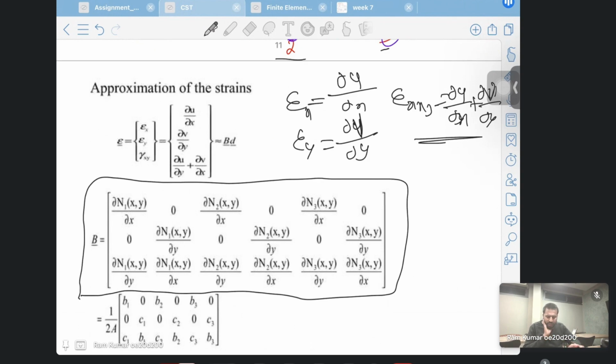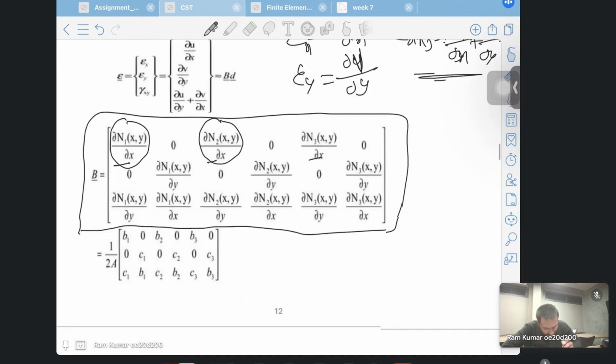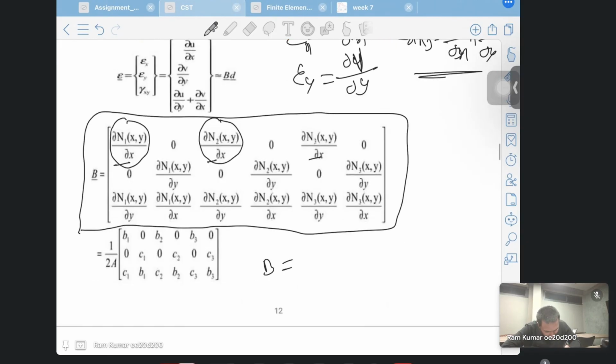If you are able to recall, that is very good. Simply see, derivative with x, then 0, derivative with x of N1, N2, N3. I will write in one way only, like this: N1 derivative, then 0, N2 derivative, 0, N3 derivative, then 0 again.